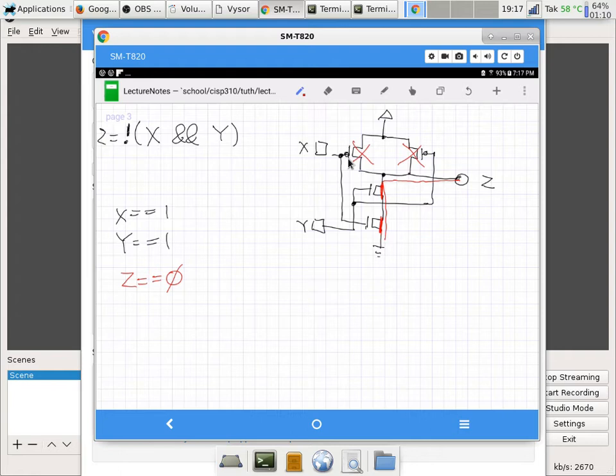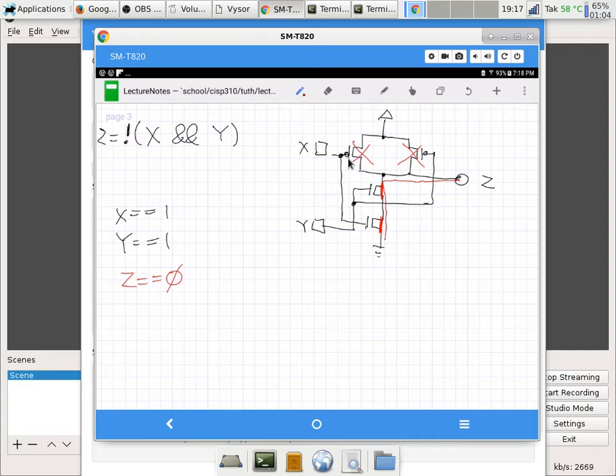In other words, no matter how you specify the 0 and 1 for X and Y, the output has to connect to one of those two rails, either the power rail or the ground rail. There's no way that it can connect to none of the above. Now there are other circuits that can do that. When that happens, Z is called high impedance. It is just quote unquote floating. There's nobody actually specifying the electrical potential on that wire.